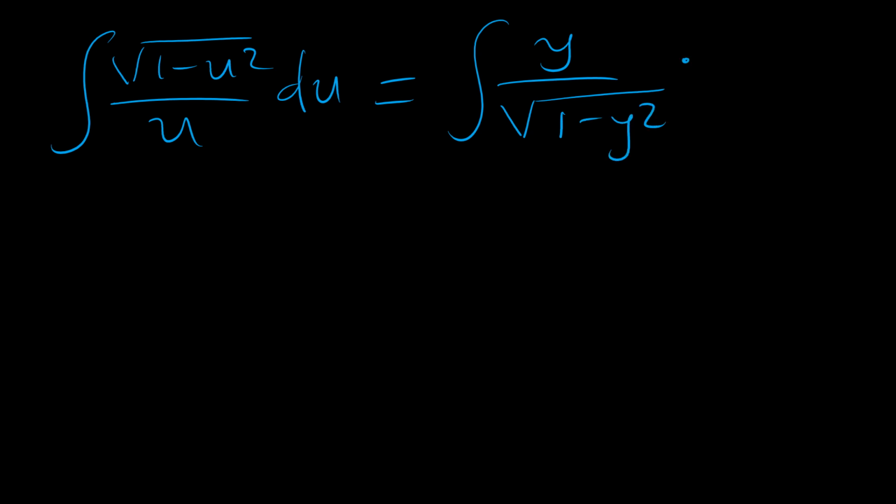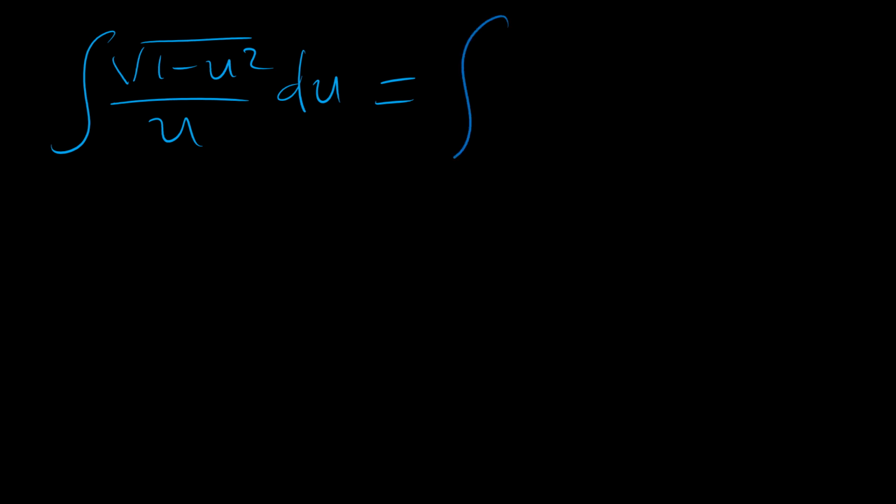But before we complicate things a little bit, let's play things around and focus on expressing it in such a way that the substitution is easy. So we have the square root of 1 minus u squared over u squared times u du.